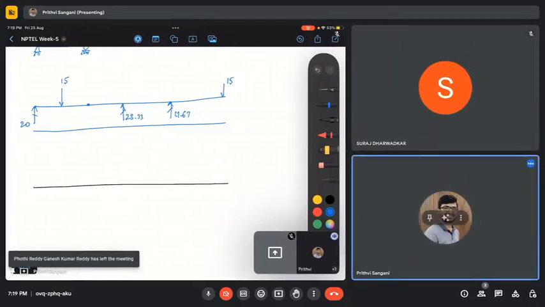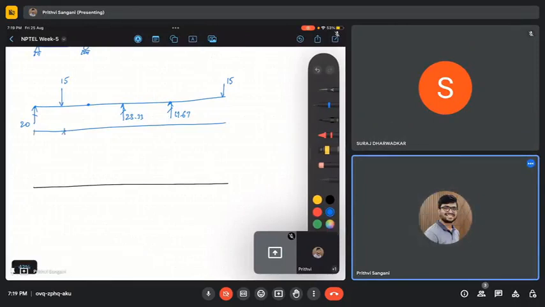All right, okay. This is 10 meters, 10 meters, and 10 meters. This is 15 meters, and this is again 10 meters. This is not to scale.